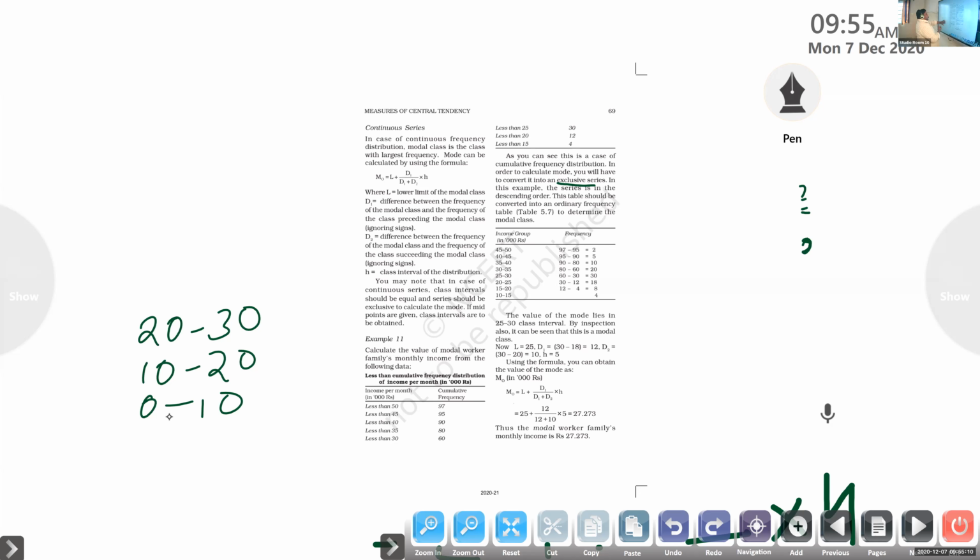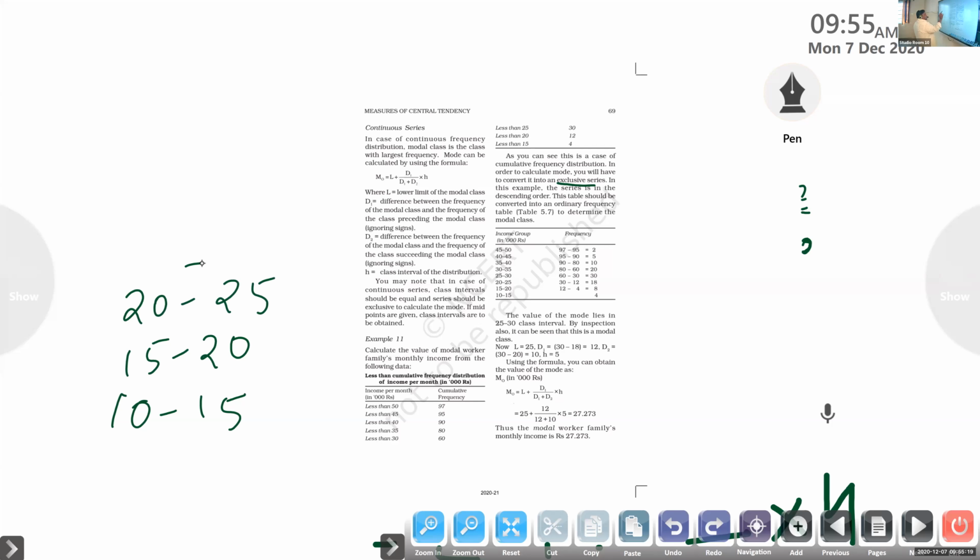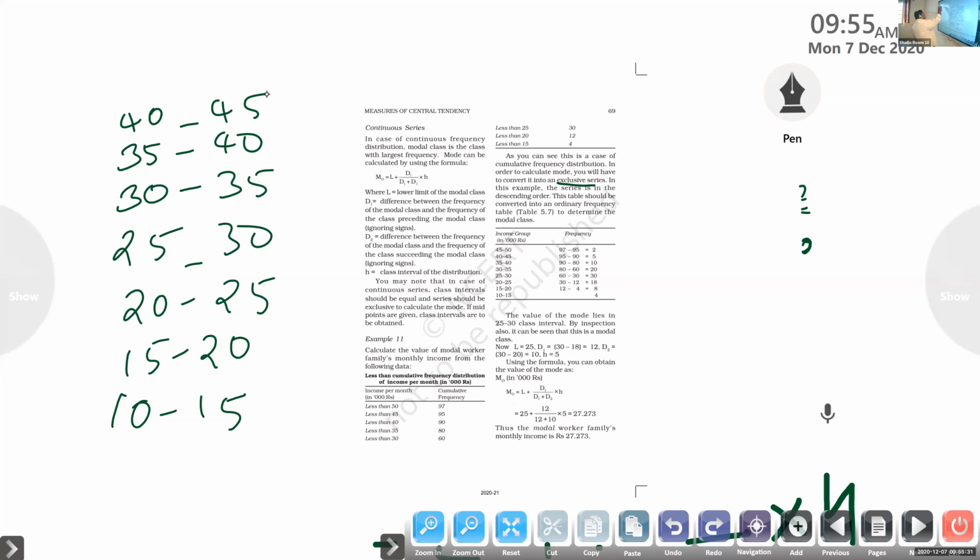Go for the same data only; you are not going to create other data. 10 to 15, 15 to 20, 20 to 25, 25 to 30, 30 to 35, 35 to 40, 40 to 45, 45 to 50. The value of H is always 5 here.